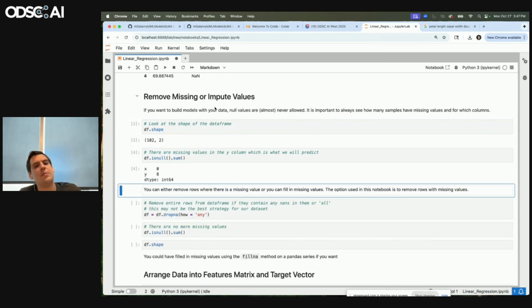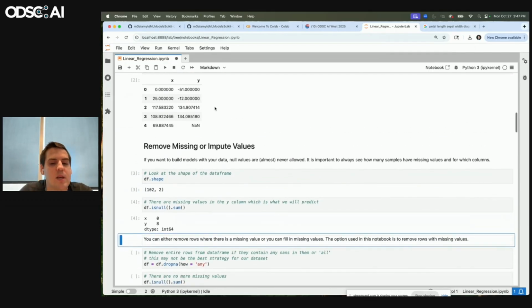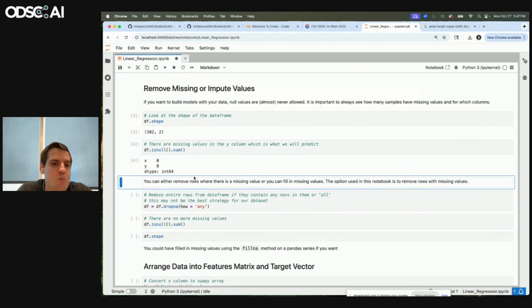So in my y-axis, I just happen to have 8 missing values. One thing that's really important to always consider when you're working with data in general is that you have to figure out the missing values. Sometimes you can actually drop them. If they're missing at random, you can typically drop them because there's no pattern in the missing data.